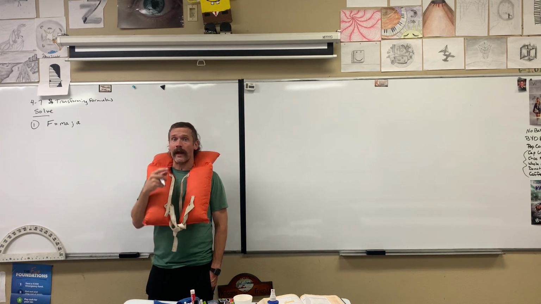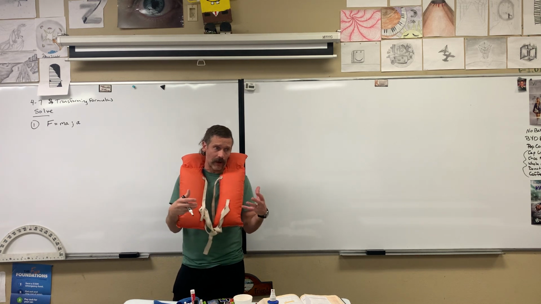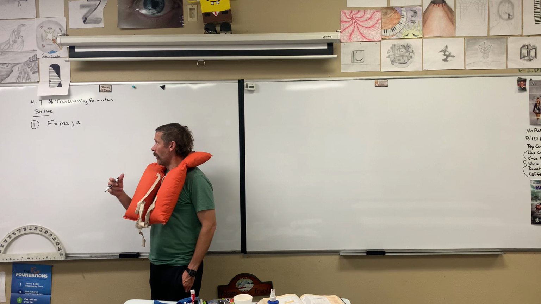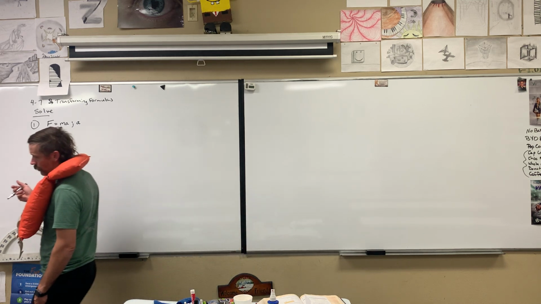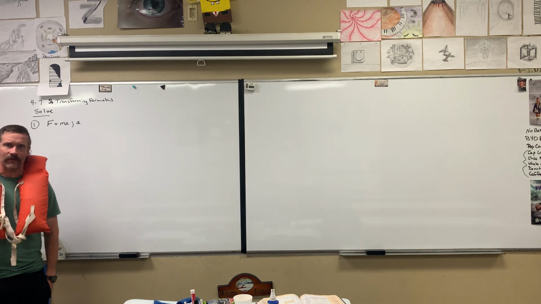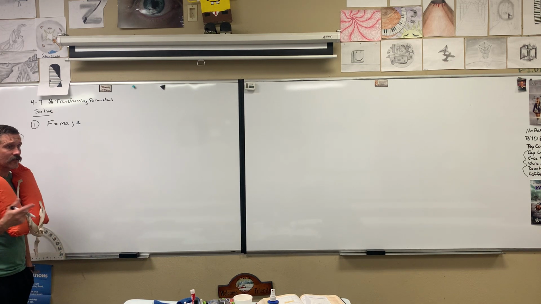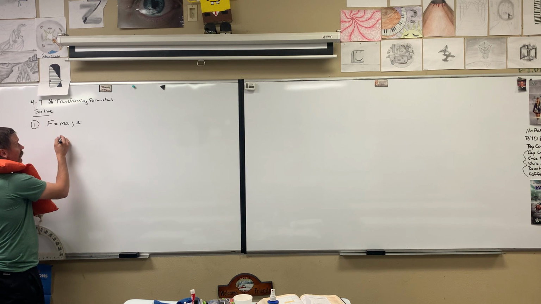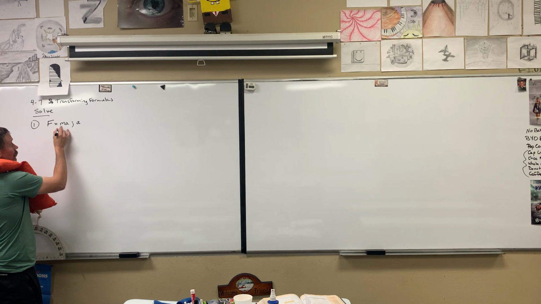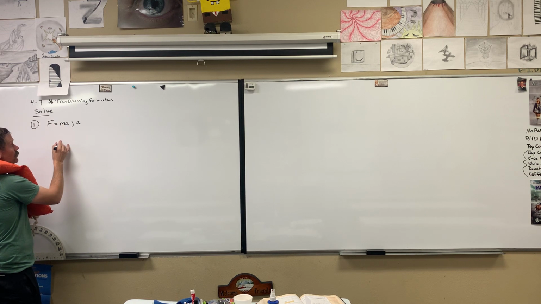So solving for a means we're going to have a by itself, and then everything else on the other side. So we look at it, and then we just solve it using the same methods that we've done in solving other equations. And we would say, okay, f is equal to m times a, and in this case, we are going to look at what's attached to the a. M is attached with multiplication.